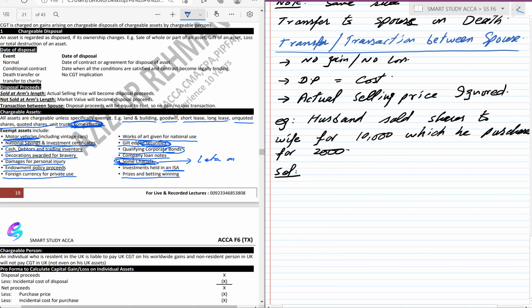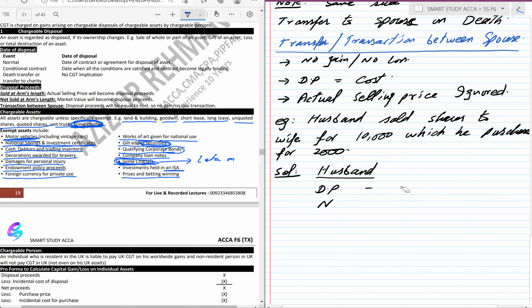So even though in this example the actual selling price is £10,000, because it is a transaction between husband and wife, for the husband, disposal proceeds will be equal to cost. So it means if the husband has sold the asset at cost, no gain, no loss will arise.